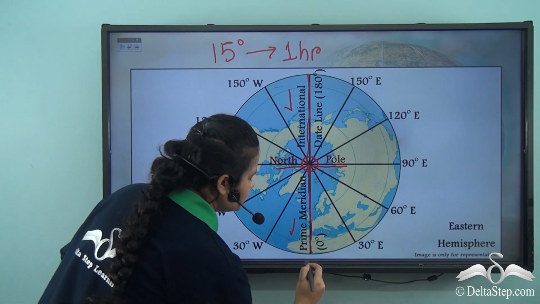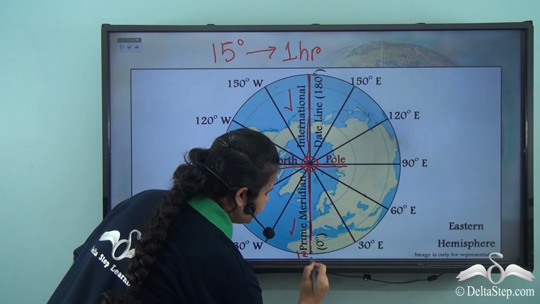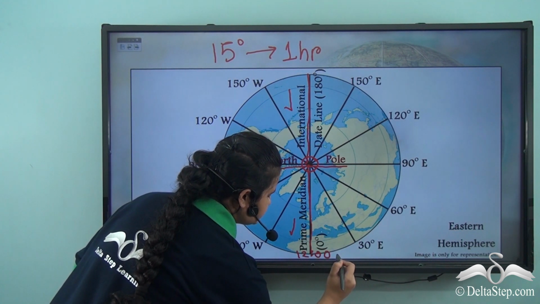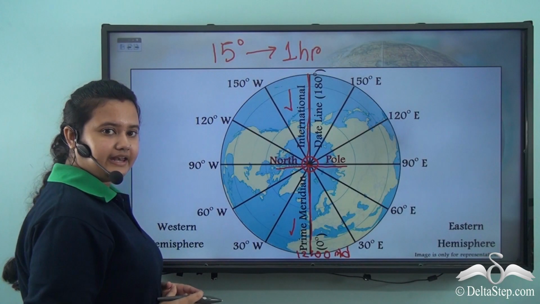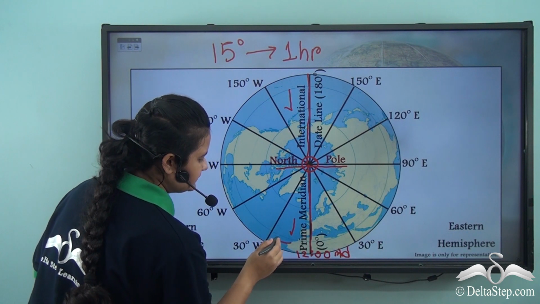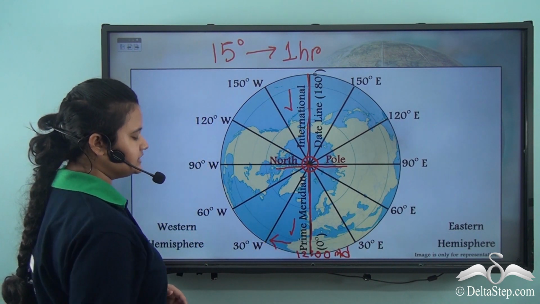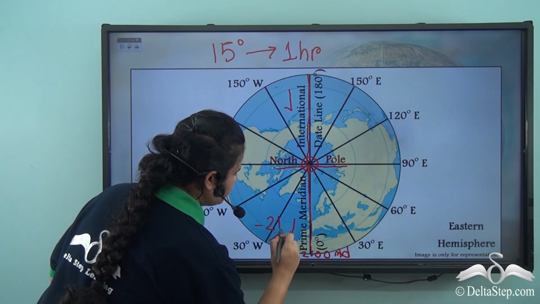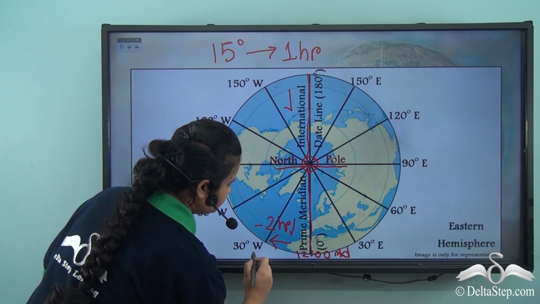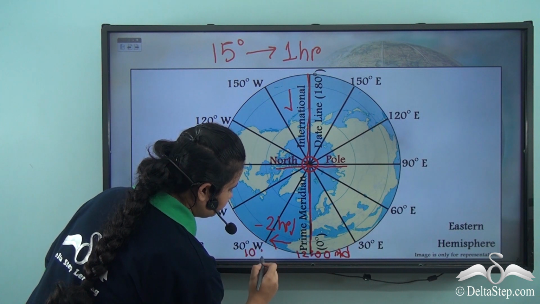Now, suppose the time at the prime meridian is 12 at midnight. Now, if we move 30 degrees to the west of the prime meridian, then time will decrease by 2 hours. So, this will be 10 am.